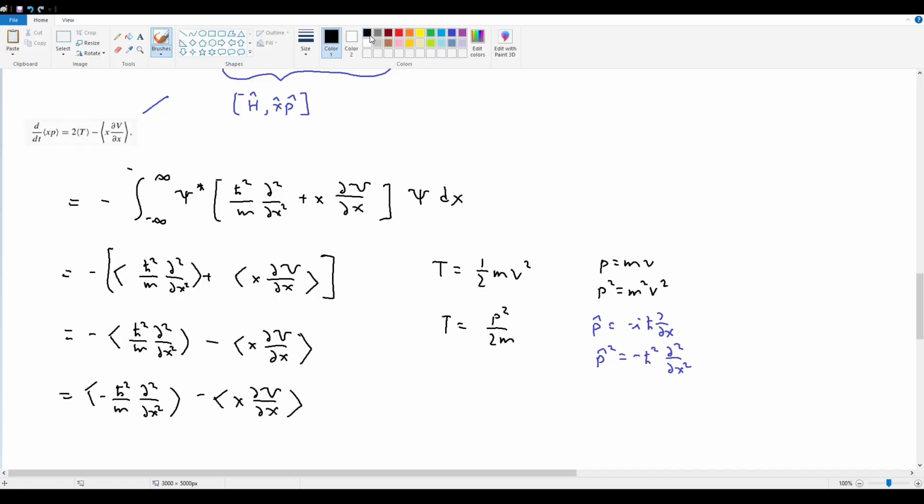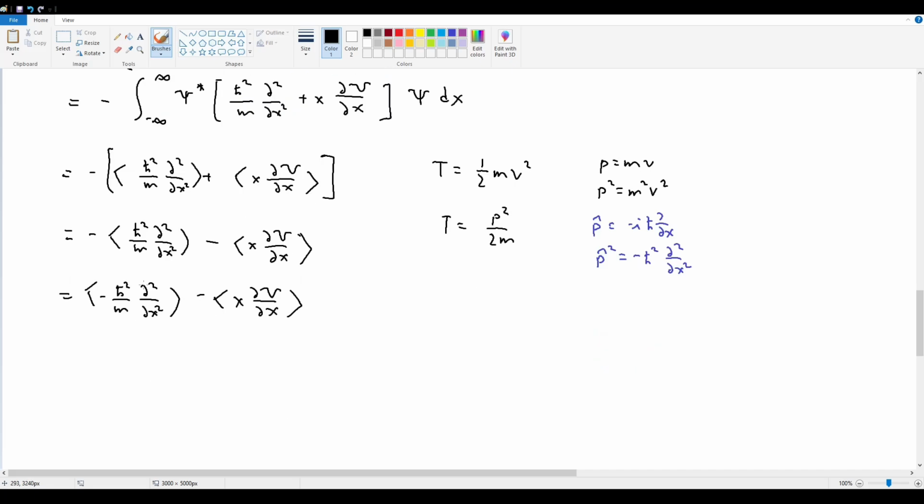So right here we have negative h bar squared d2/dx squared. So this is actually equal to p hat squared divided by m. Okay, well, p hat squared divided by m is just equal to 2 times T. So therefore this can be substituted in as 2T.